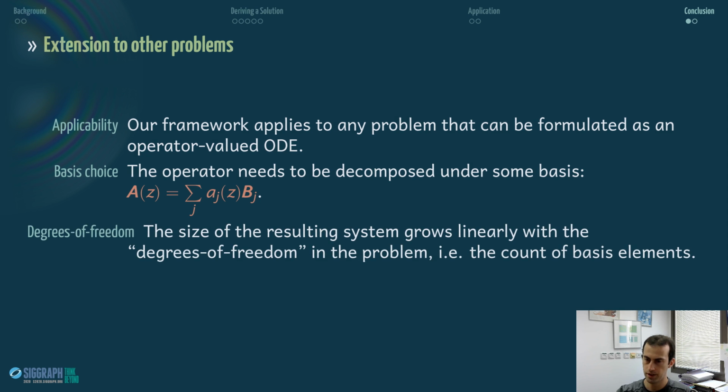This choice of basis is going to affect the complexity of the resulting differential system, and it's actually not the dimensionality of the problem, the size of your matrix, that is relevant, but how many degrees of freedom are introduced. And the more degrees of freedom you have, the more scalar differential equations you're going to have. If you have n basis elements, you're going to get n scalar differential equations.